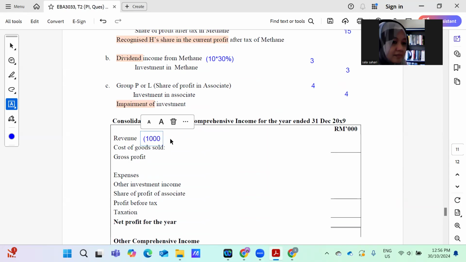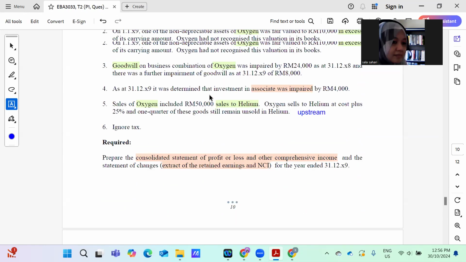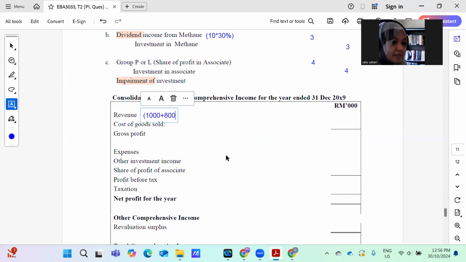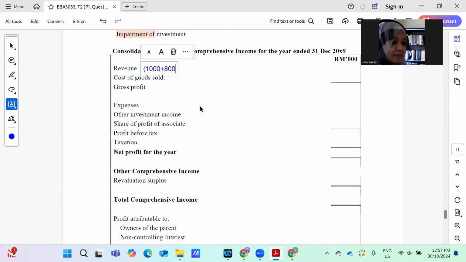But remember, in note number 5, we mentioned something on sale of oxygen. They said included 50,000 sale to helium. So for this part, the 50,000 we need to exclude because they are already included in the sales to helium. So you need to minus this 50,000. All right. So we minus the 50,000.